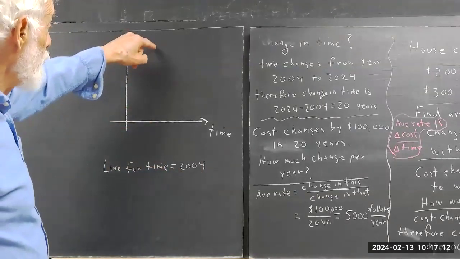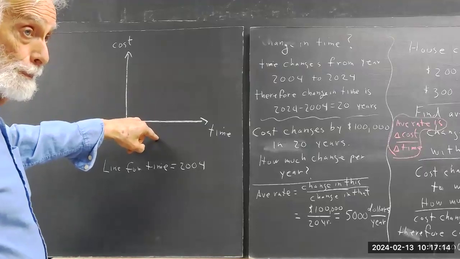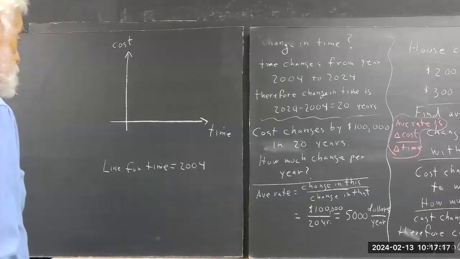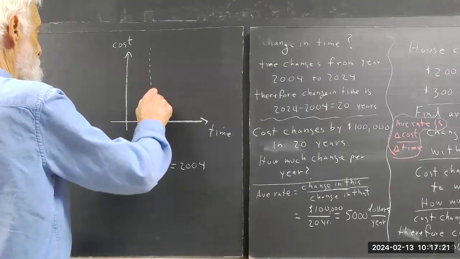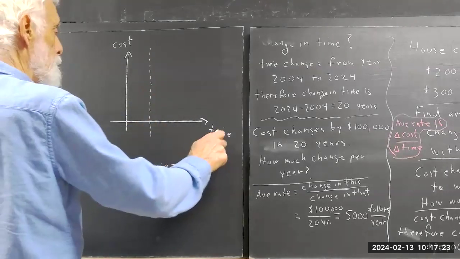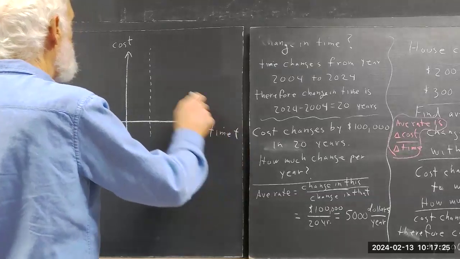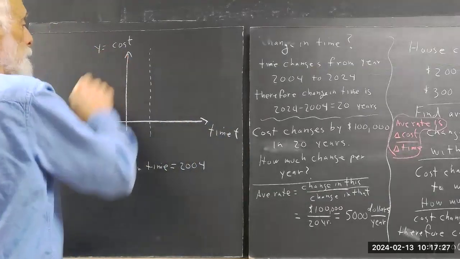Okay, here's time. Time would be the same for all points on a vertical line. So I'm going to put 2004. And I'm going to use T for time, and I'm going to let Y be the cost.